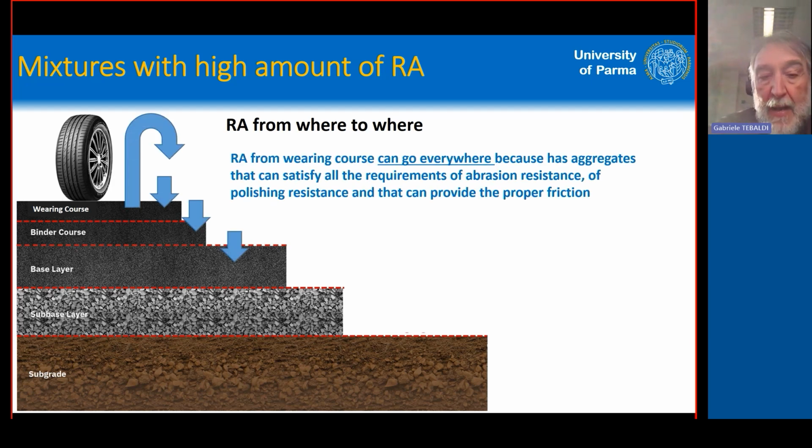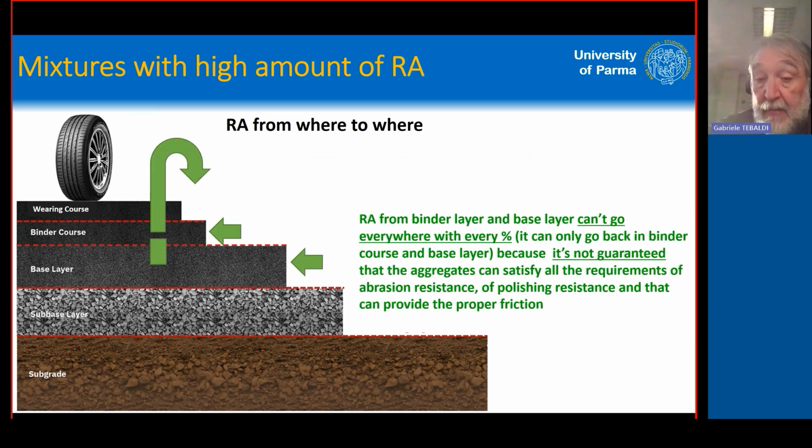So if we have a reclaimed asphalt that comes from wearing courses, this material can go everywhere, because the aggregate can satisfy the most restrictive requirement in terms of abrasion resistance and polishing resistance. But if we have a RAP that comes from the binder layer and then the base layer, this RAP cannot go everywhere, or this RAP cannot go in the wearing courses.